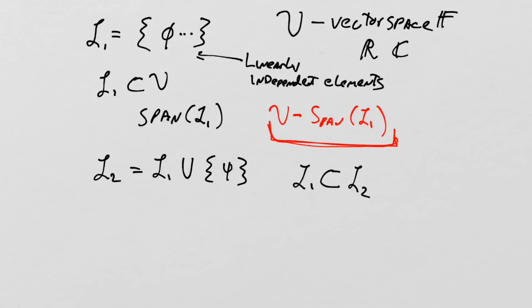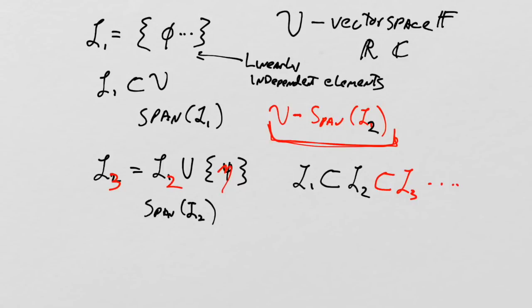I study the span of L2, which, by the way, includes the span of L1. And then I find a vector that's left over after I subtract the span of L2 off of V, and then I create L3. L3 is going to be L2 union, let's see, I've used a phi, a psi, how about an eta. And then I can make the subset L3. And I can do this on and on and on.